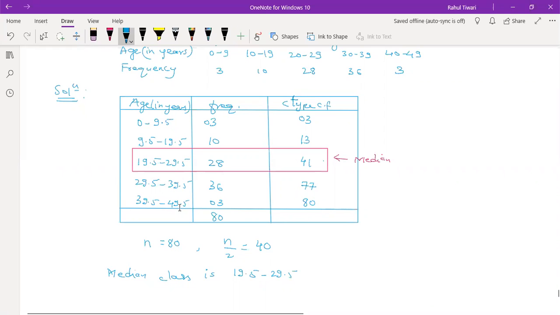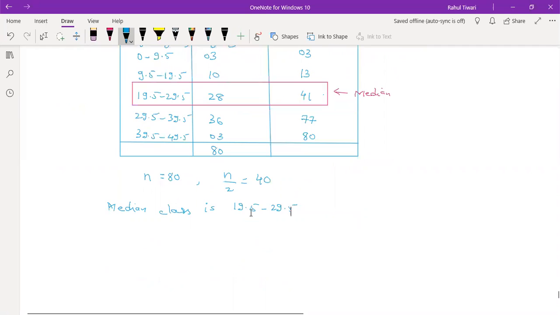Once you have the median class, it's very simple to compute the median.